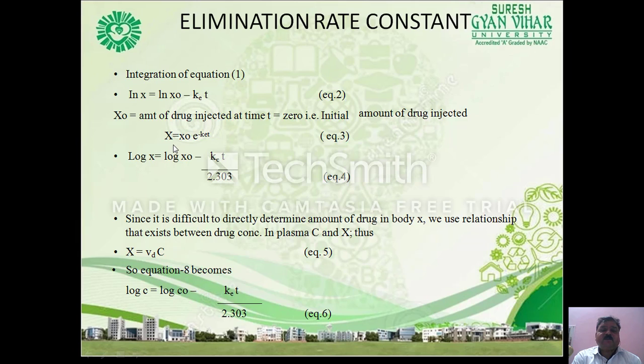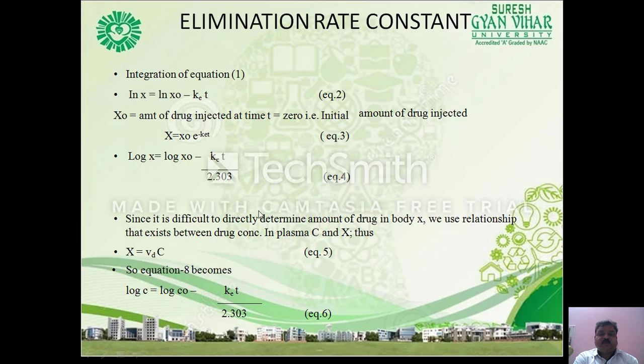That is X equals X0 e to the power minus Ket. This can also be represented as log X is equal to log X0 minus Ket divided by 2.303. So this is the equation we use for the first order one compartment model, or first order kinetics, right?